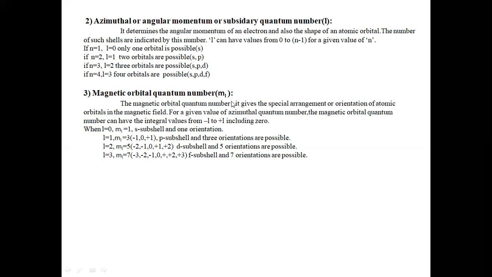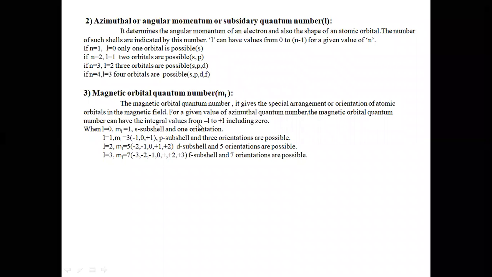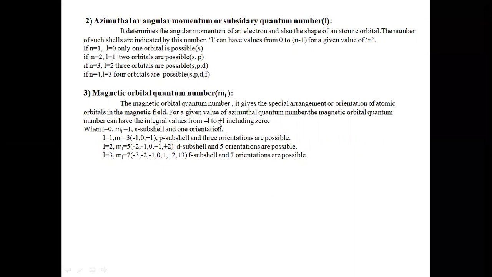For a given value of the azimuthal quantum number, the magnetic orbital quantum number can have integral values from -l to +l including 0.